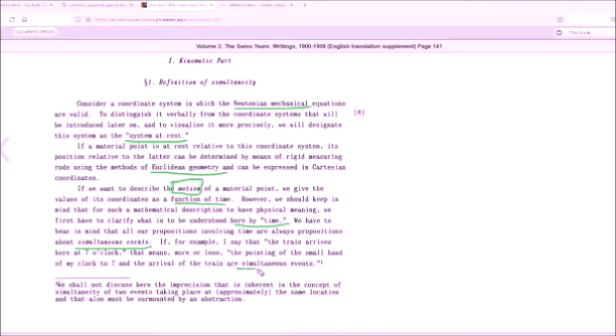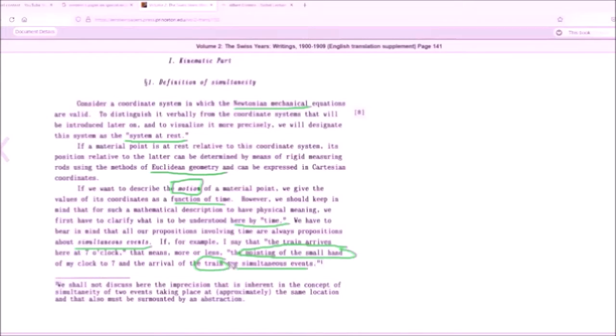So he talked about the simultaneity of the action of the train that arrived and the pointer, the hand of the clock. They are simultaneous. Those are material bodies, so you try to calculate time based on these two material bodies. But there is another missing fact: of course you are going to use your eyes to look, so you have a speed of light involved here.